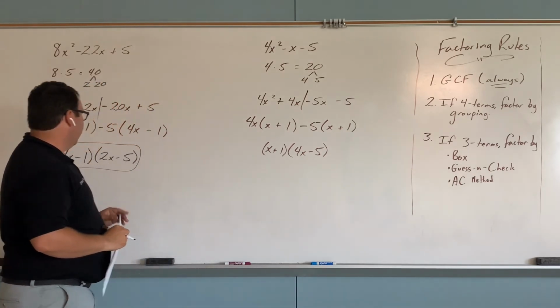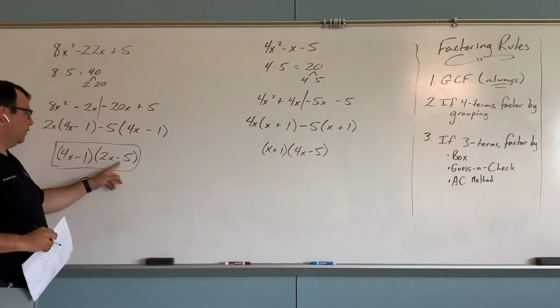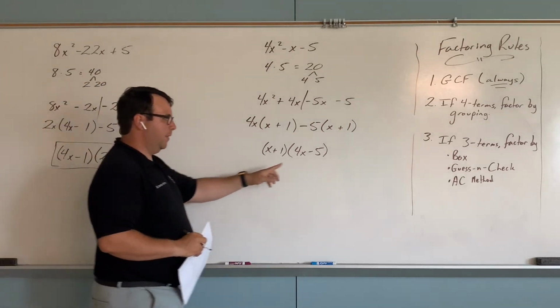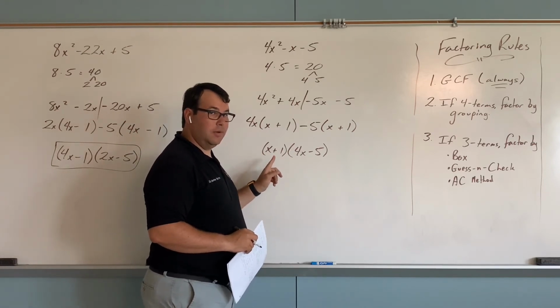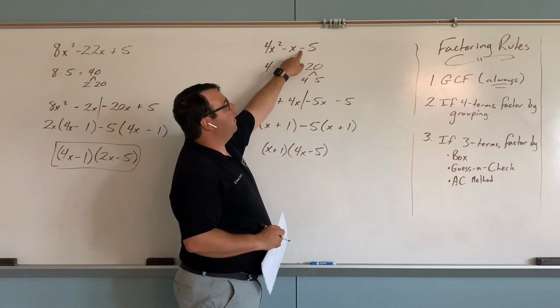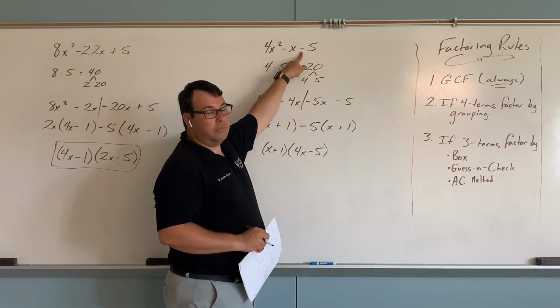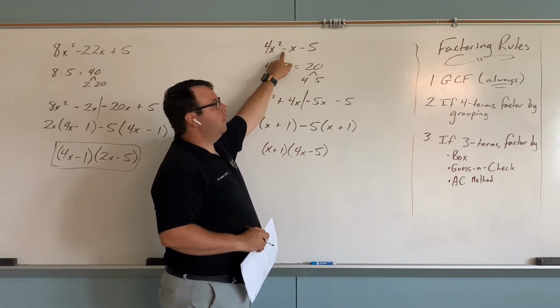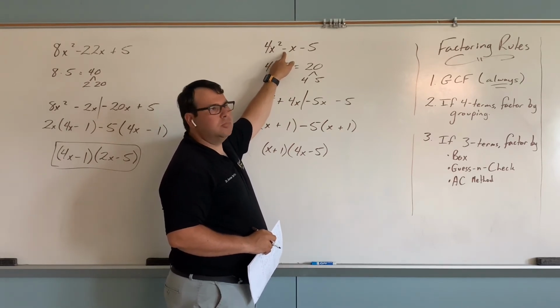Interesting. Because notice in my previous problems, I've come out to signs that are the same, but my signs here are different. Let's go back to interpreting our signs. Are my signs supposed to be different? Yeah, absolutely, they are. Is my negative supposed to go to the greater term? Yeah, it should.